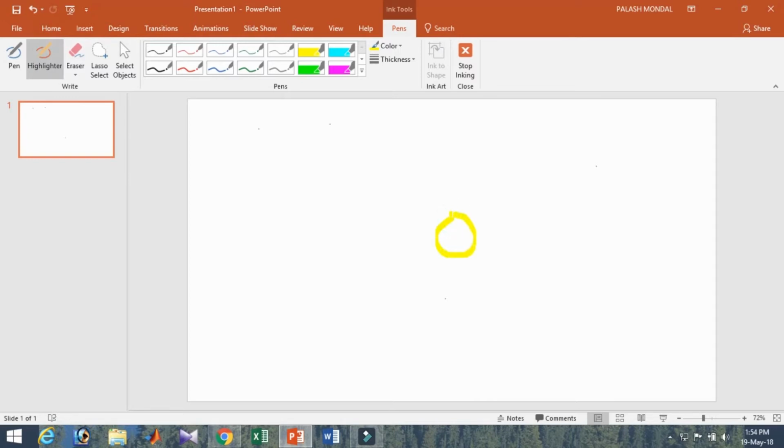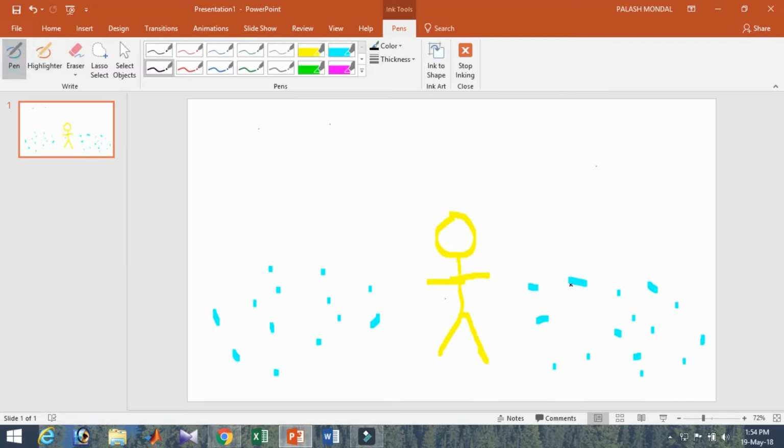Suppose you are here and you spread some food in nearby locations. After a few moments you will see some birds or crows come and take the food. Suppose a bird has come.